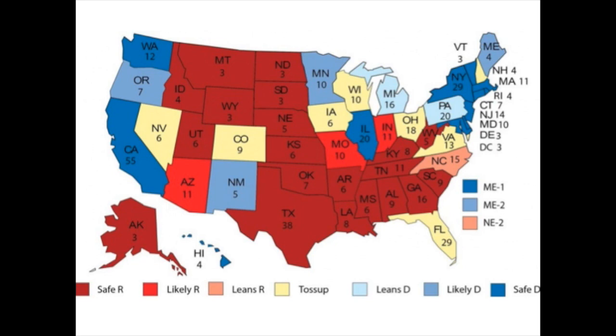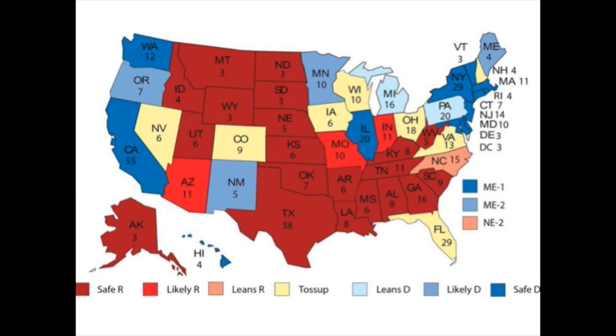That's how many electoral votes it has. States that we know have a big population, like California, have a bigger number. States that have a smaller population, like South Dakota, have a smaller number. The bigger the state, the bigger the number. Not in terms of territory, but in terms of population.